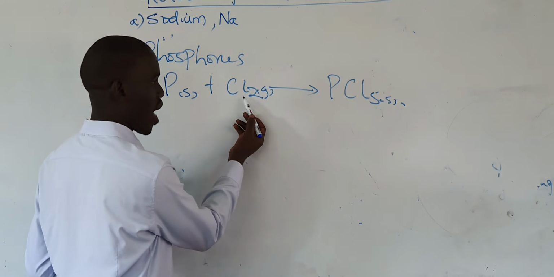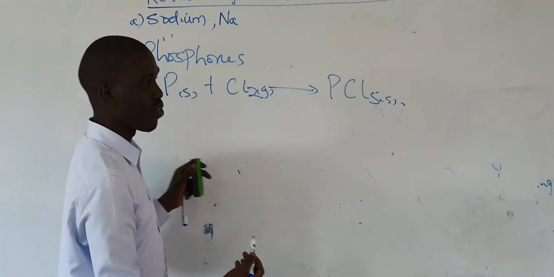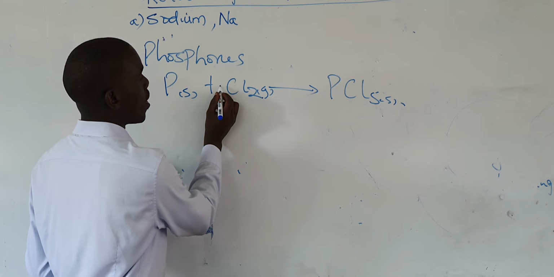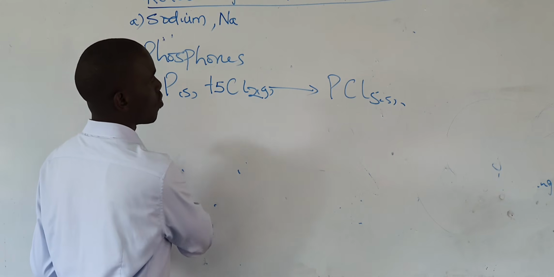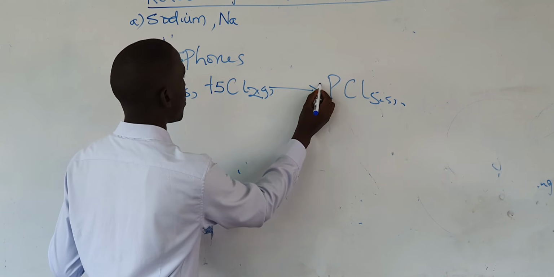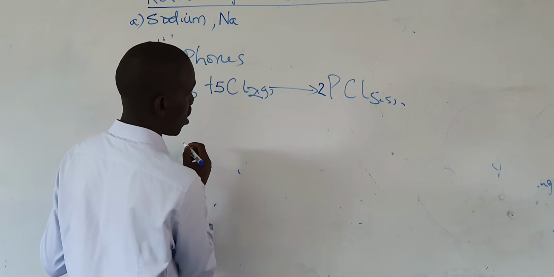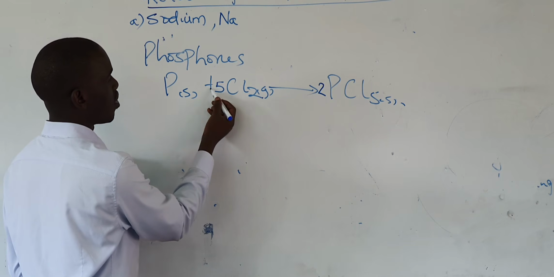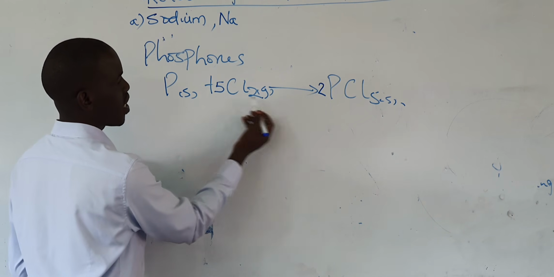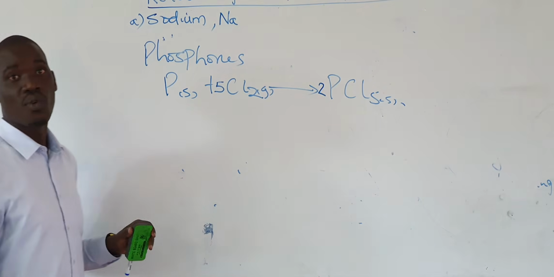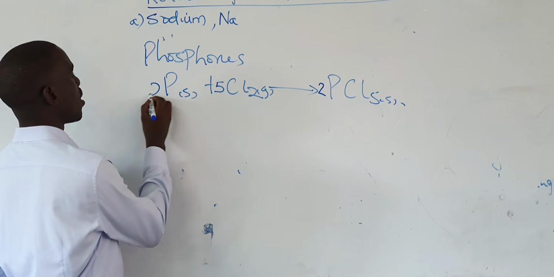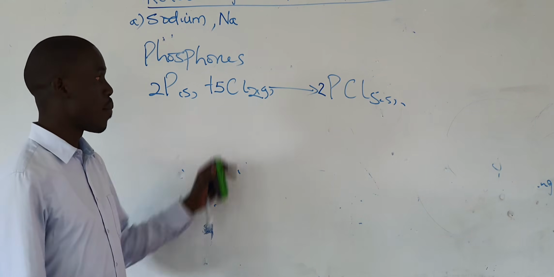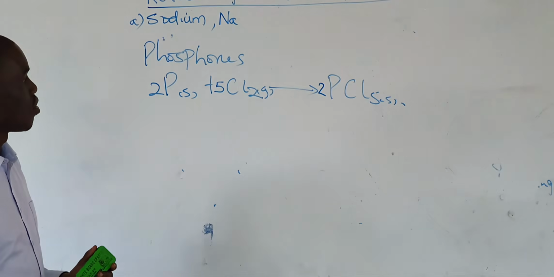The atoms of chlorine here are 2, and here they are 5. So we multiply this side by 5 and this side by 2, and we have 10 atoms of chlorine on both sides. Then phosphorus, we have 2 atoms of phosphorus on both sides. So this is a balanced equation for that reaction.